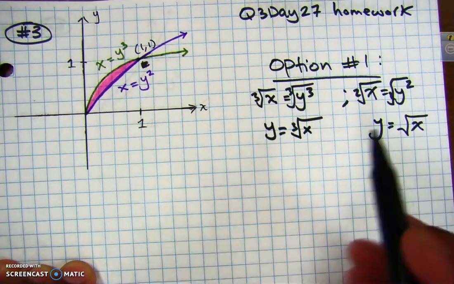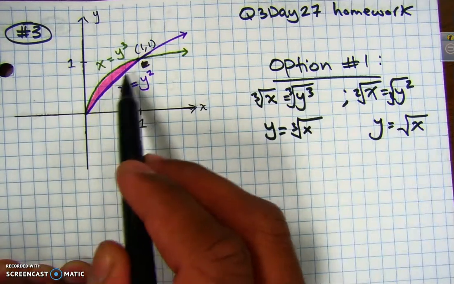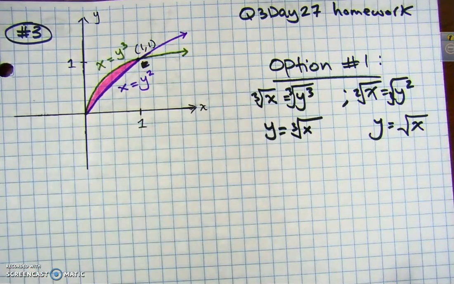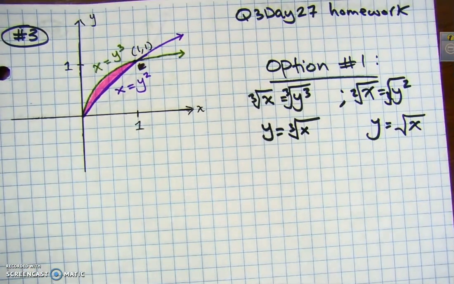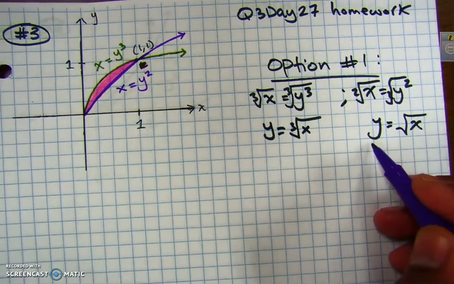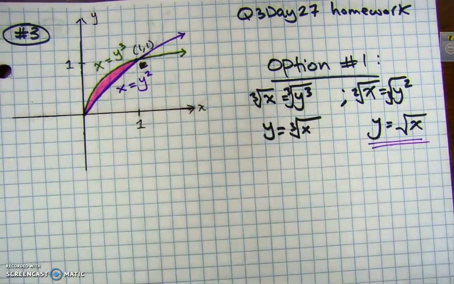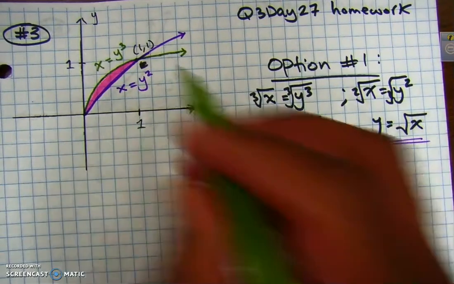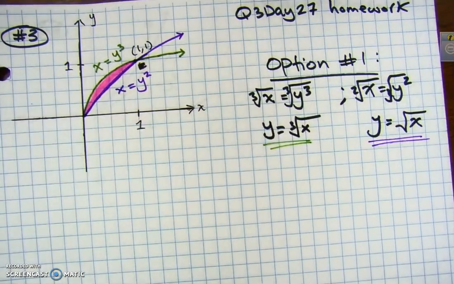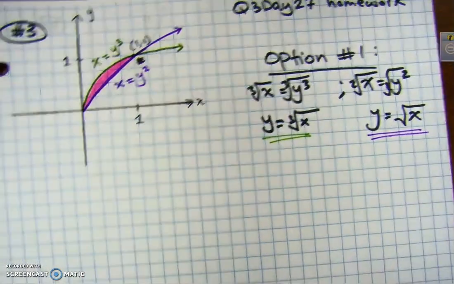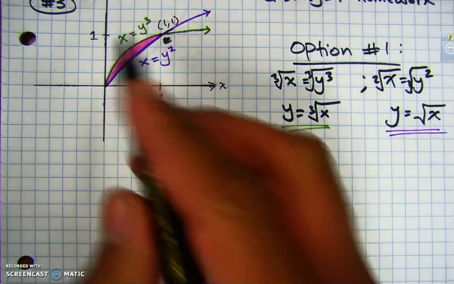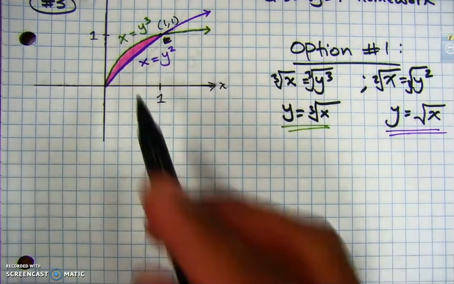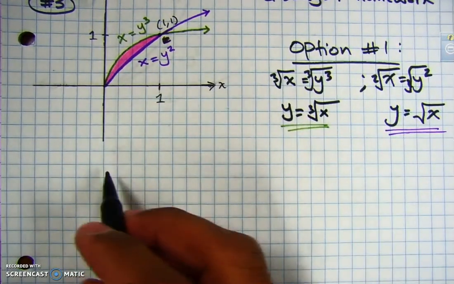That's the purple function now. So my setup can now be done: upper function minus the lower function.